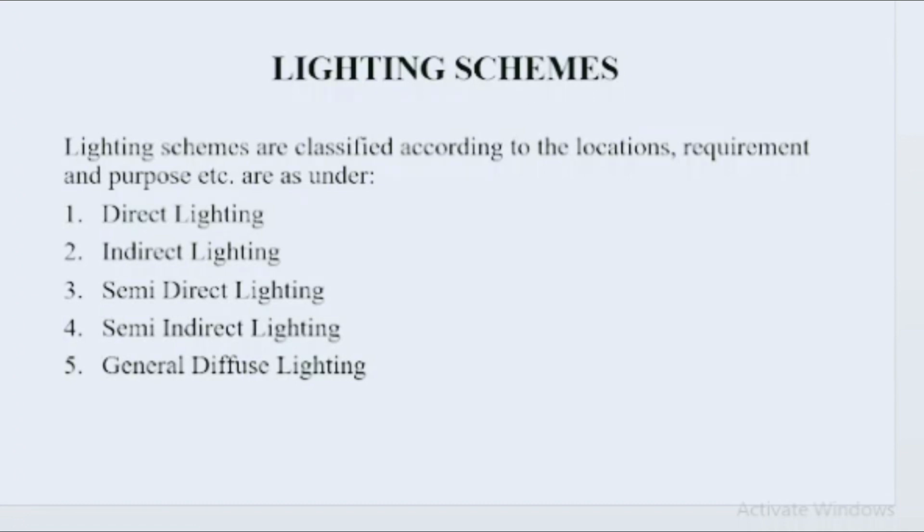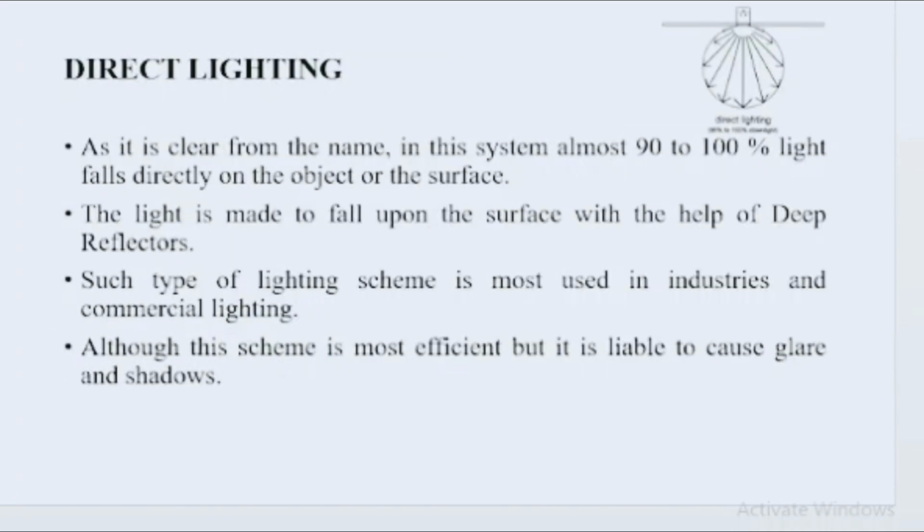First one is direct lighting. The name itself says that direct lighting is nothing but complete light falling on the surface or any object. As is clear from the name, in this system almost 90 to 100% of light falls directly on the object.